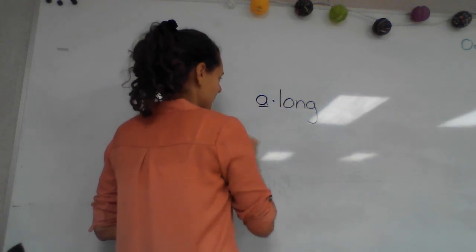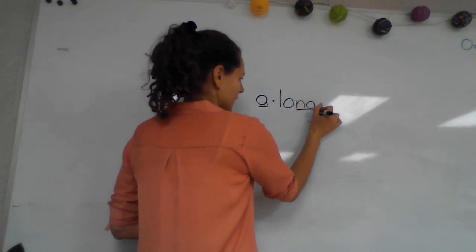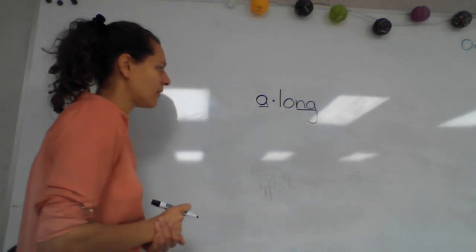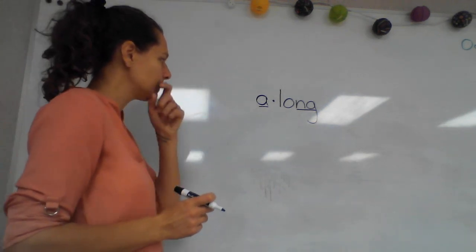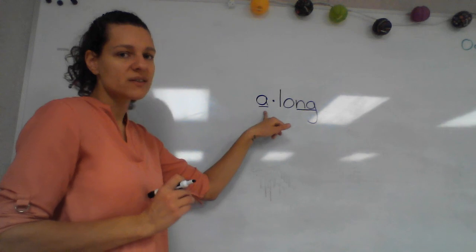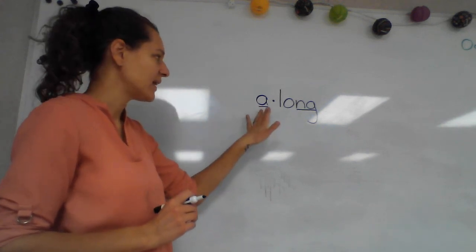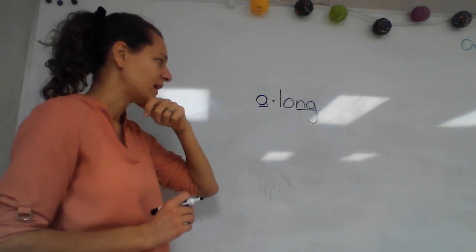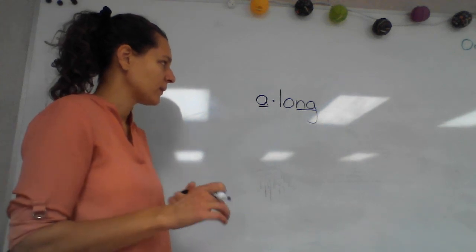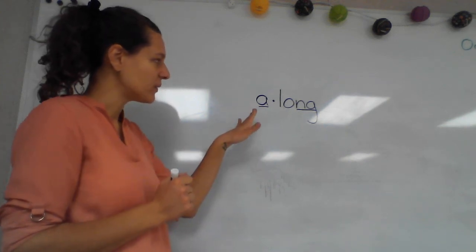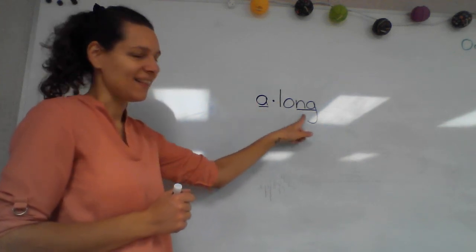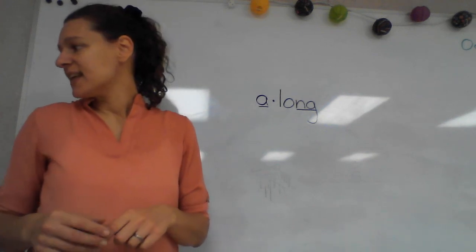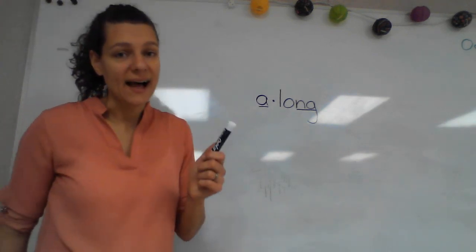So we go back to the beginning and mark everything along. All right, and actually, since we see this so often, we're gonna start trying to recognize it without that thinking cap. All right. So what's our word? Good, along.